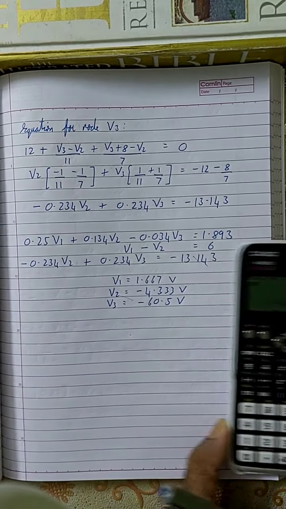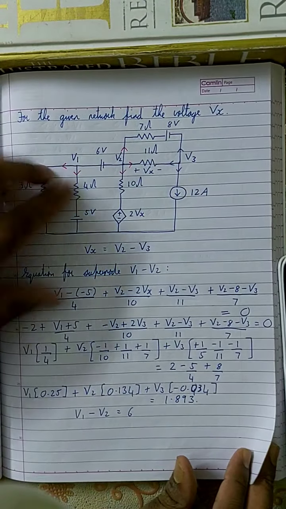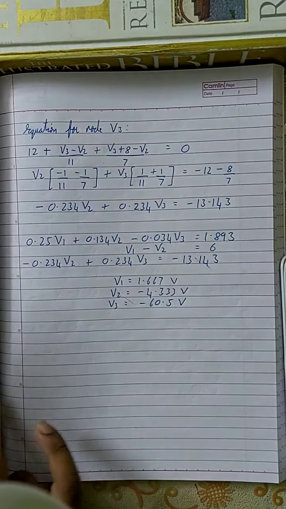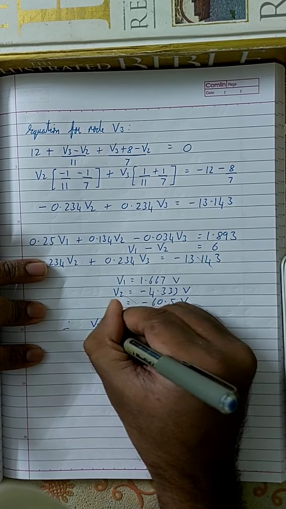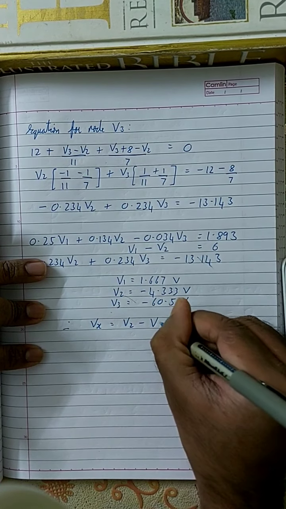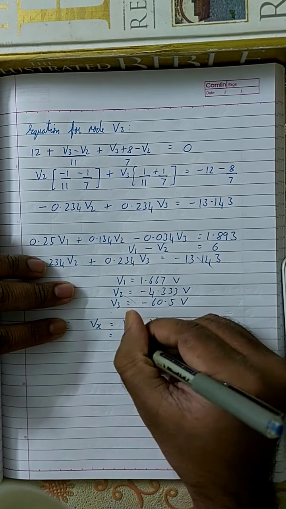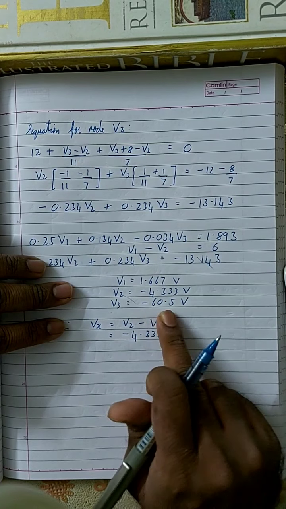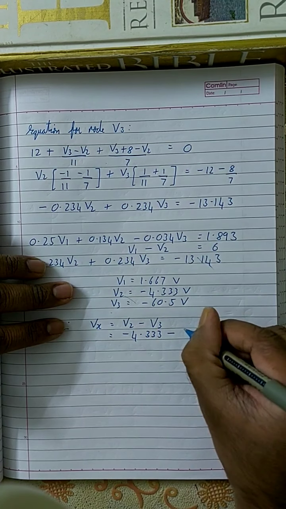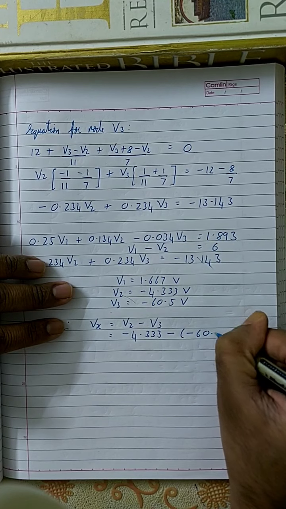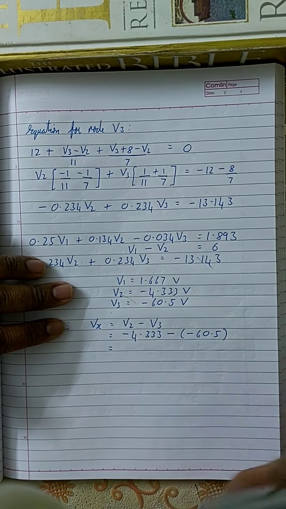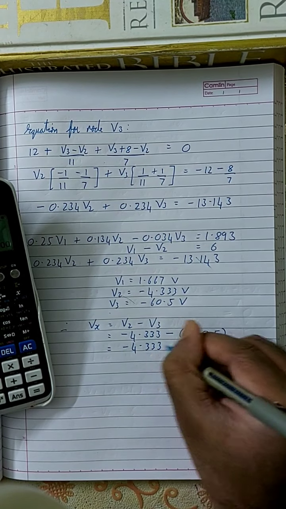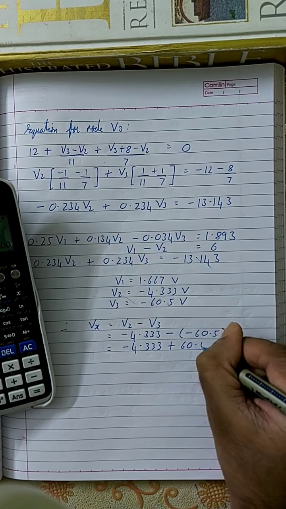Okay, so what was the question, by the way? I forgot that. The question was find the voltage Vx, right? So Vx is equal to V2 minus V3. Therefore Vx is equal to V2 minus V3, which is minus 4.333 minus, and V3 is minus of minus 60.5, so this is nothing but minus 4.333 plus 60.5.